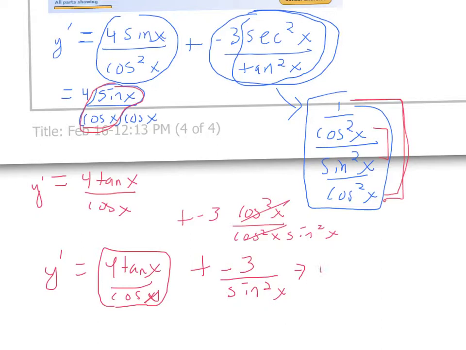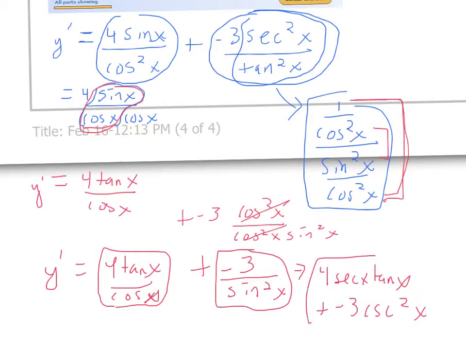So after all that, I'm going to arrive at 4 secant x tangent x, and then this lovely expression here, like a sine squared being downstairs in the denominator, really means that's going to translate to, plus -3 cosecant squared x.